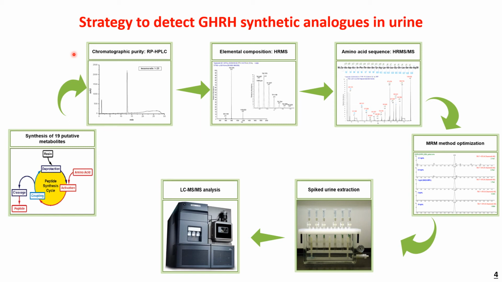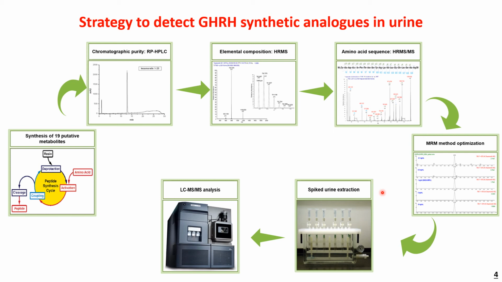And because we wanted to be certain we had made the right materials, metabolites were characterized by HRMS. Then MRM transition were optimized. Last but not least, solid phase extraction was optimized for a better recovery.